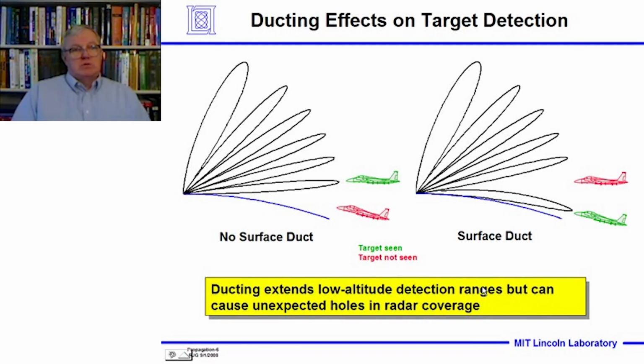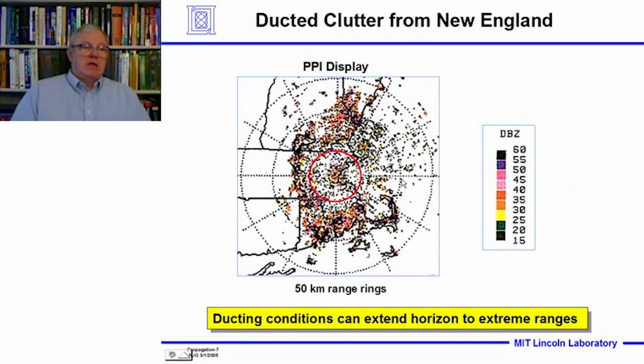Now here's a plane position indicator, a display of detections above the minimum detectable signal of a radar located in the vicinity of Boston, Massachusetts. You can see in dark solid lines the outlines of the states. Here's Cape Cod, Rhode Island, the eastern part of Connecticut, New Hampshire up here, and Maine.